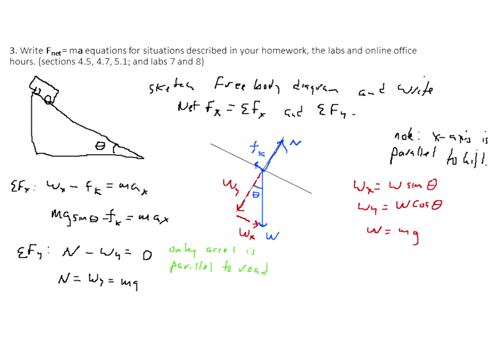So N equals W sub y, which equals mg cosine of theta. And if we wanted to find a sub x, we can relate the equations, with F sub k equals mu sub k times the normal force.